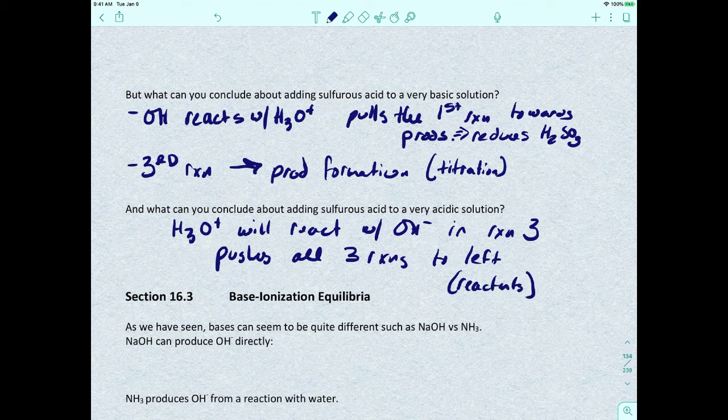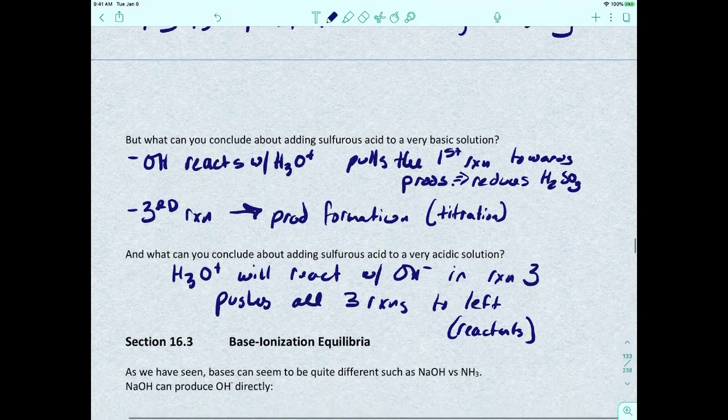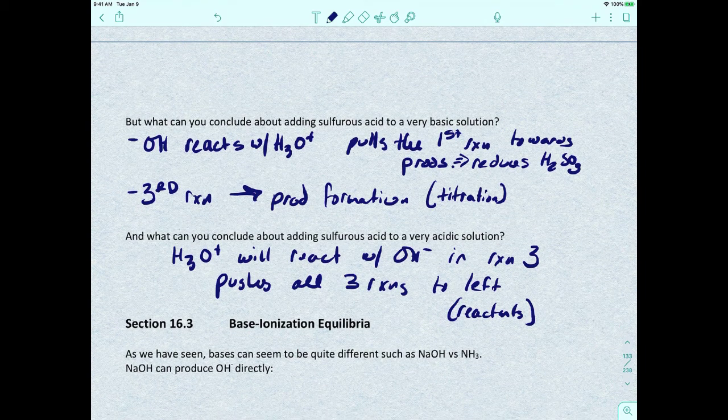Now, you could do the same kinds of problems that we were doing previously, finding the concentrations of species at equilibrium. For what you're going to do in this class, that's beyond the scope. If you go on further to analytical chemistry, you would get into those kinds of concentrations. But between the last video and this video, we now know how to calculate the concentrations of species of a weak acid reacting with water.